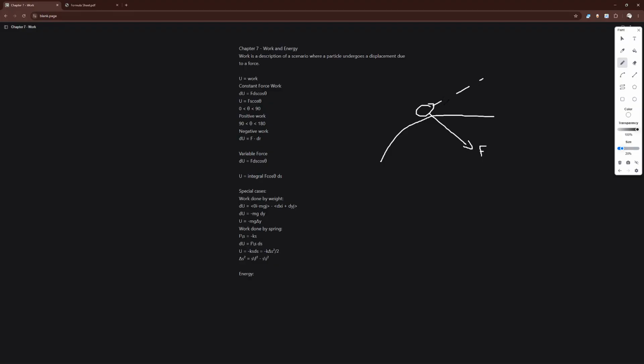So this is tangential and this is normal. At this point, we're going to assume we're taking infinitesimally small displacements of ds. And we're going to have a point 1 and a point 2.